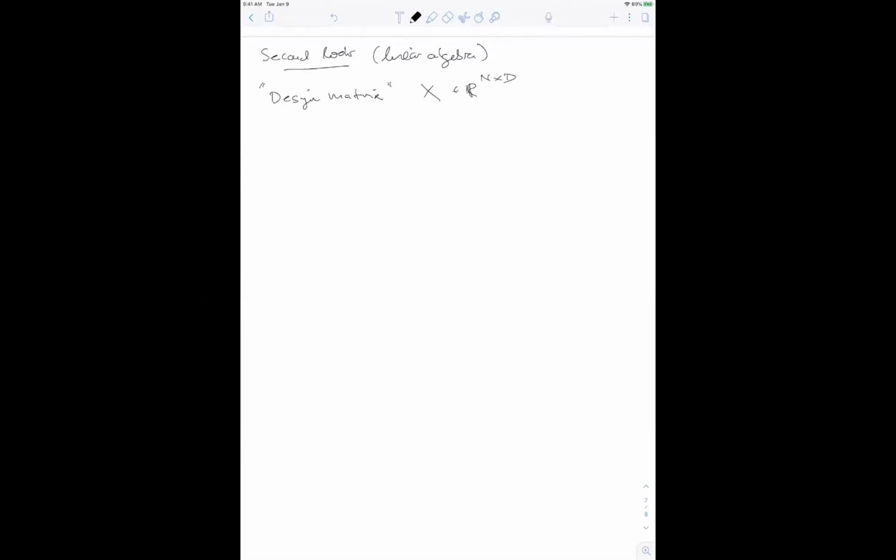What does it look like? Each row in the matrix is one of my examples. So the top row is example 1, which I need to write with this transpose because remember, my examples are column vectors. So the first row is example 1. And if you want to write that out in full, it's going to look like this.